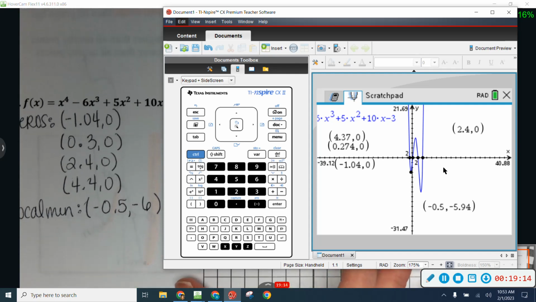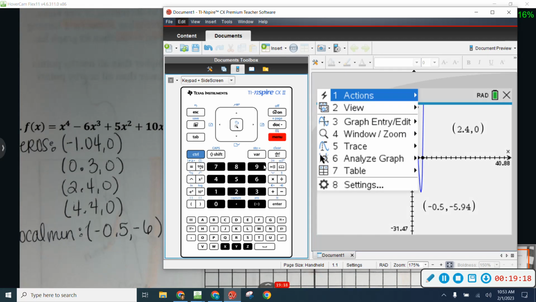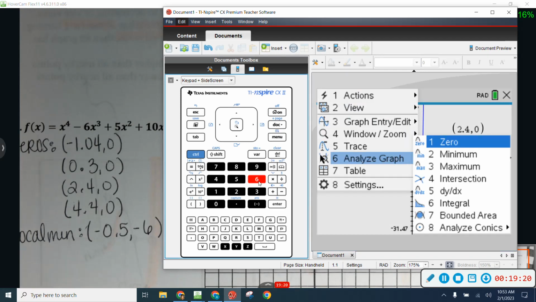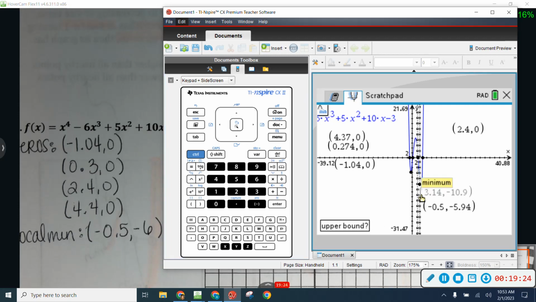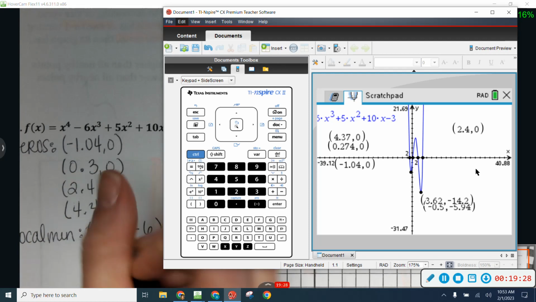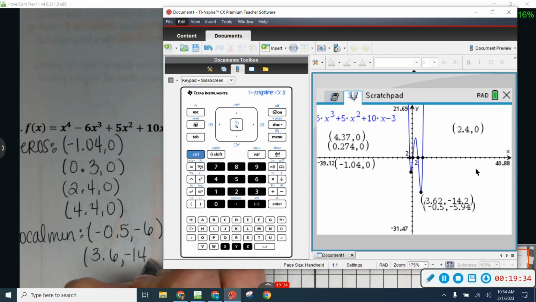And I have one more minimum that I need to find. So menu 6, 2. I'm going to go to the left, over to the right. I'm going to round that to 3.6 and negative 14.2. Y'all follow me?